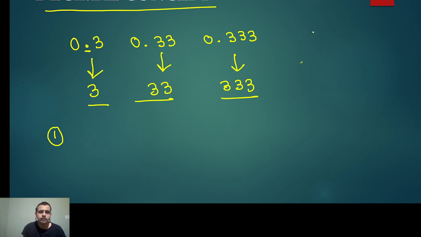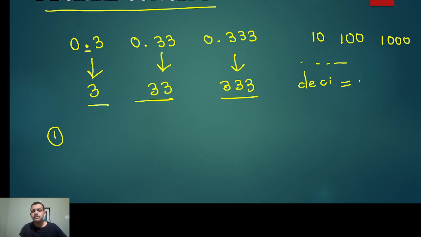Decimal is related to 10, 100, 1000, and deci means 10. First, 0.3 will be written as 3.